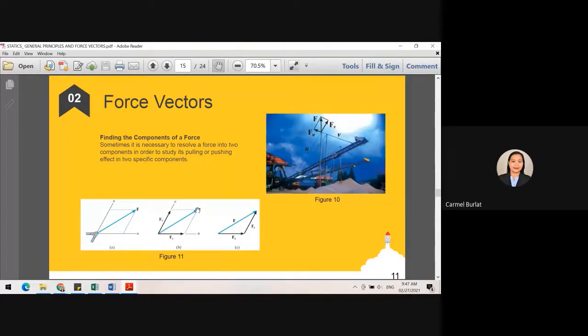And if you do the rectangular rule, nag-start siya sa FU, and then you can have your FV. So this is what happens. FU and FV, and you have your resultant F. So yun ra no? Basic ra kayo siya.